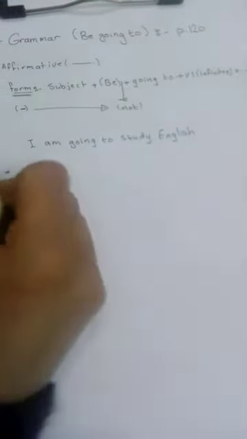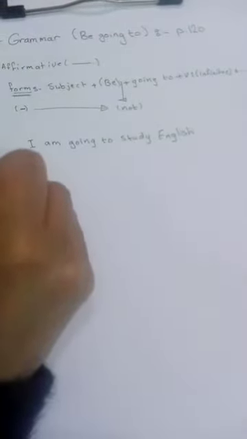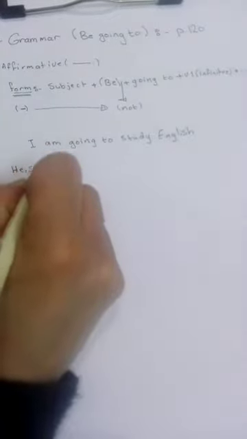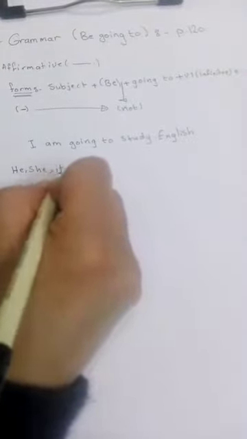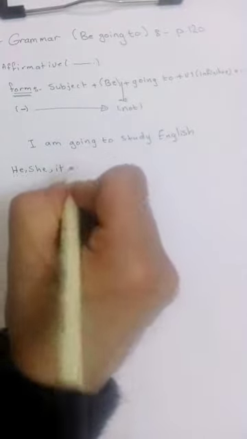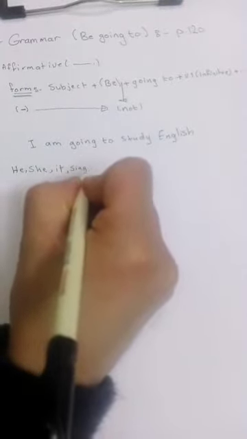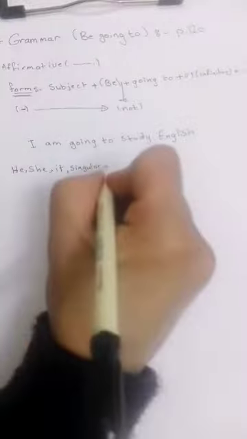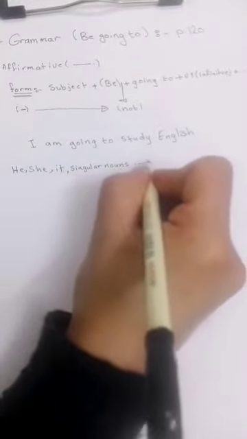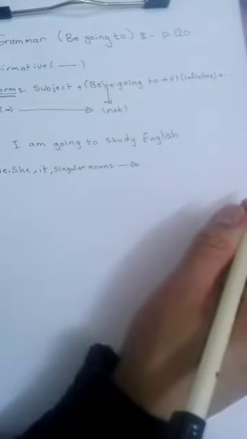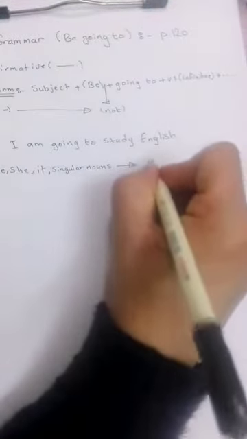Let's see. We have the pronouns he, she, it, and singular nouns. With these, we use the verb to be is.